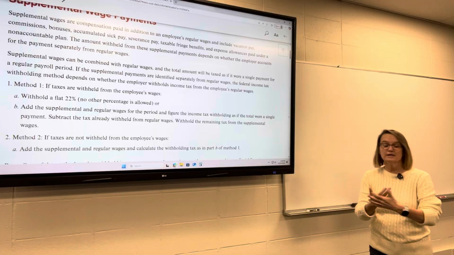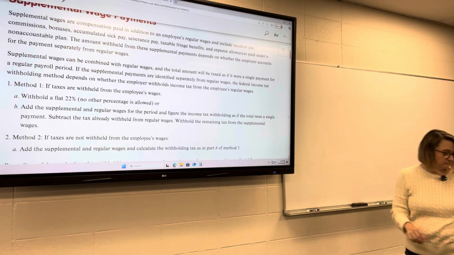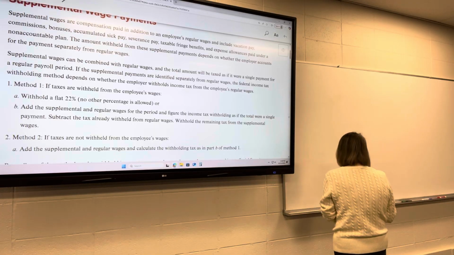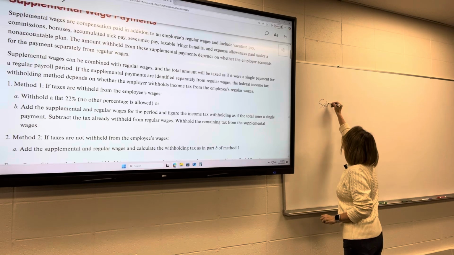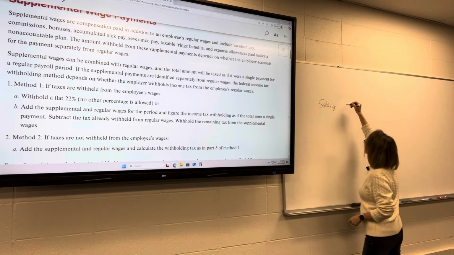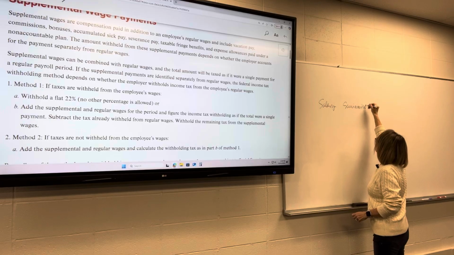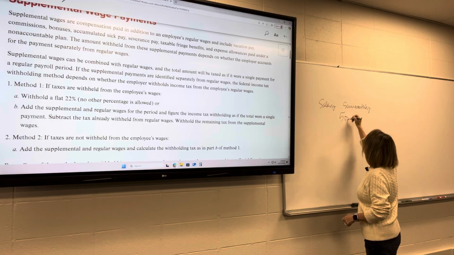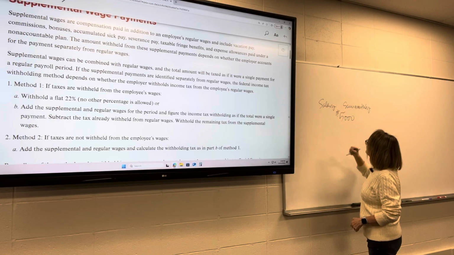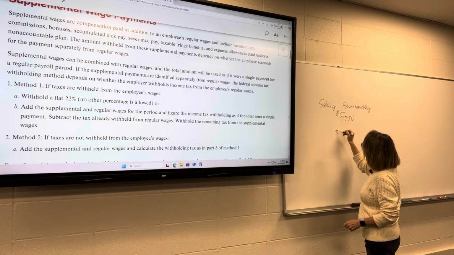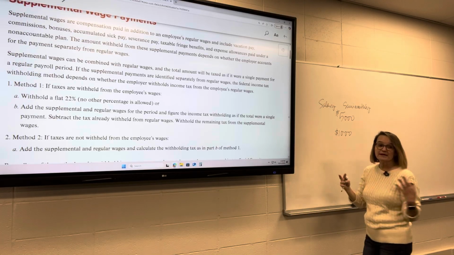So, for example, let's say you're paid semi-monthly, and you receive $5,000 for your regular salary, but you also got a $1,000 bonus on this paycheck.